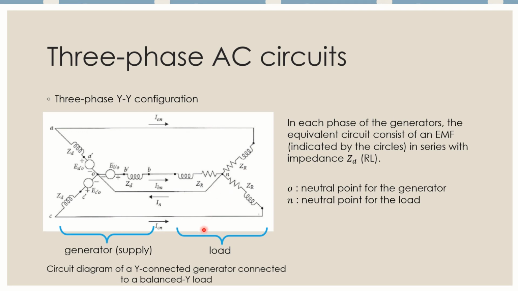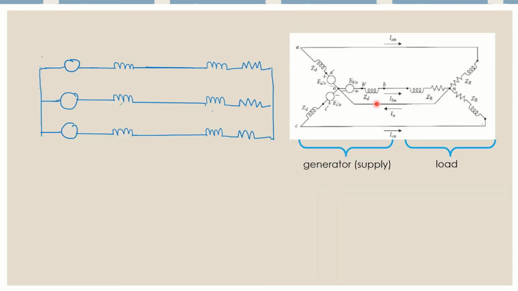So we're going to see how we can simplify this circuit into a more simplified form. On the left side is exactly the same as the circuit on the right, but we simplified it by redrawing it. Now you see that this part is EAO, this is EAB, the supplies, and here it's connected.